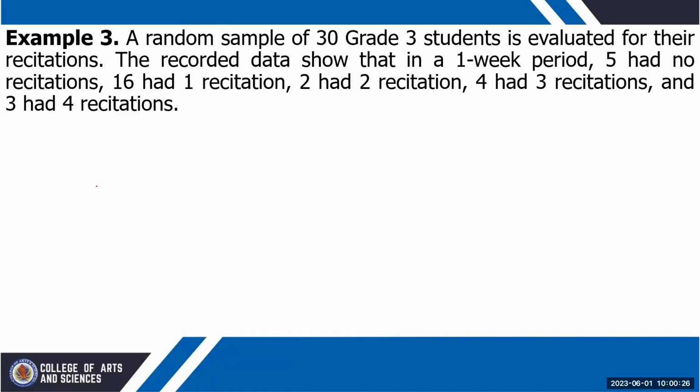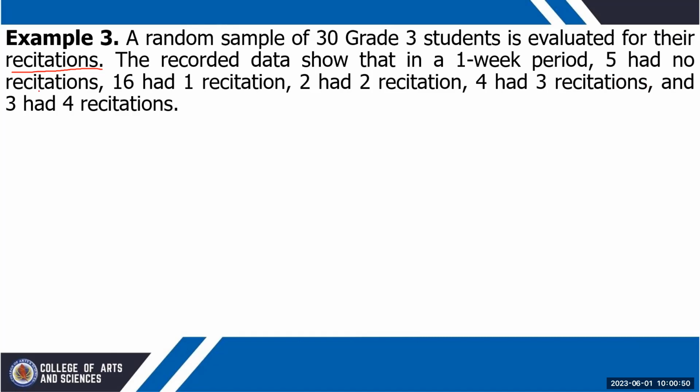Sabi dito, a random sample of 30 grade 3 students is evaluated for their recitations. So, ang ating variable here, random variable, is the number of recitations. So, kung titignan ninyo dito, meron tayong values of x.